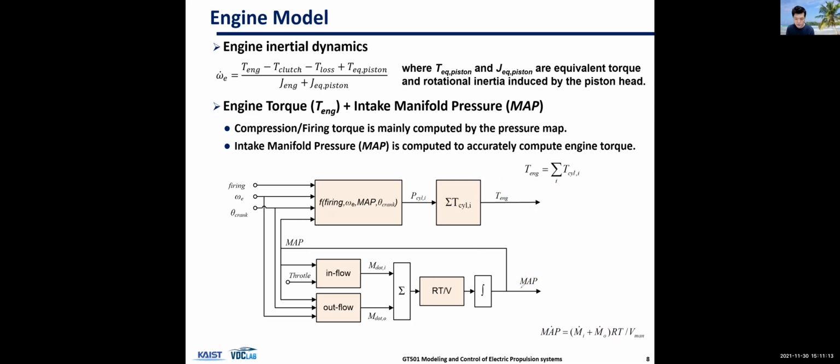So you need to compute this manifold pressure, which requires some thermodynamic equations, and then mass transfer and energy balance equations for inflow, because you have this intake manifold, you have inlet, outlet. So you have inflow, you have outflow, then you have throttle, right?